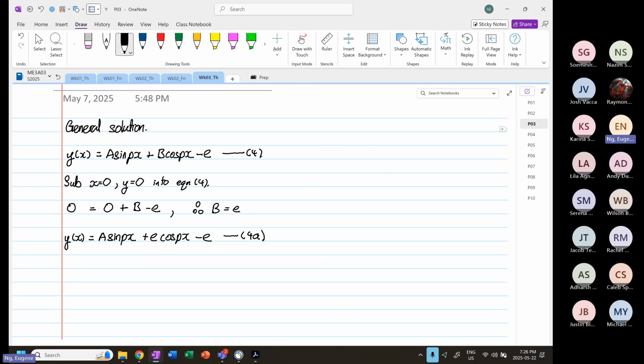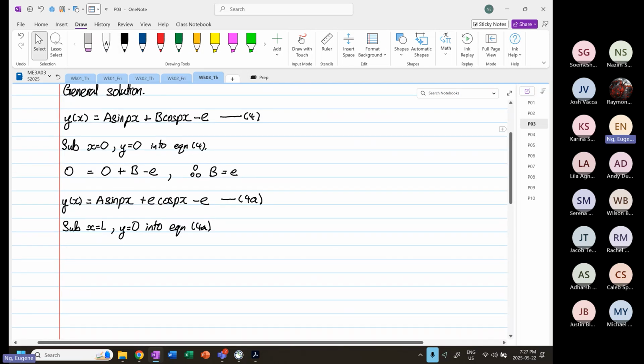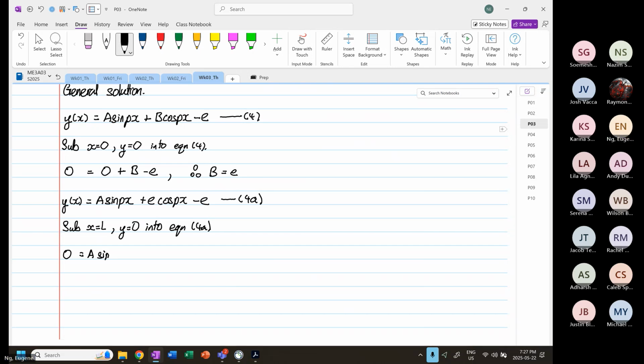Then the next thing that we're going to do, we're going to substitute our next boundary condition when x is equal to L, y is equal to 0, into our equation now, which is 4a, right? So this is 0 equals A sin pL plus e cos pL minus e.